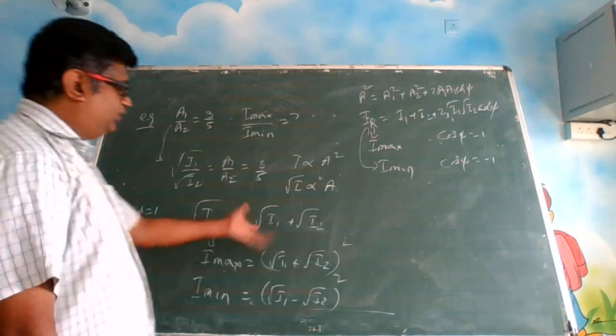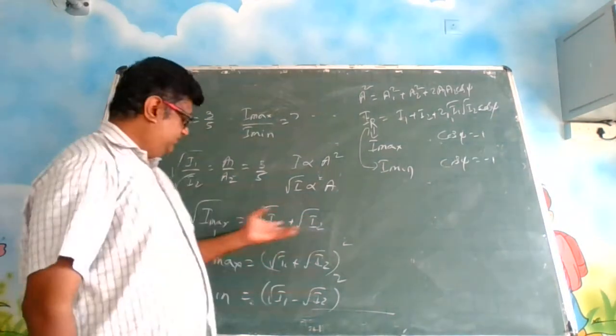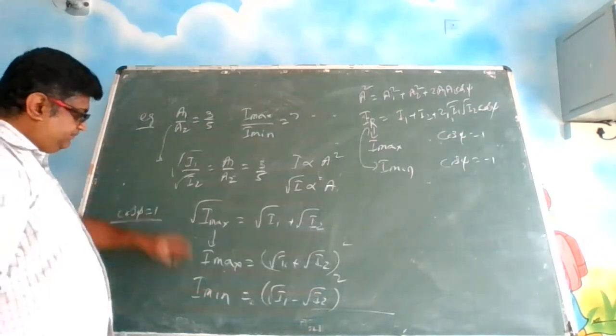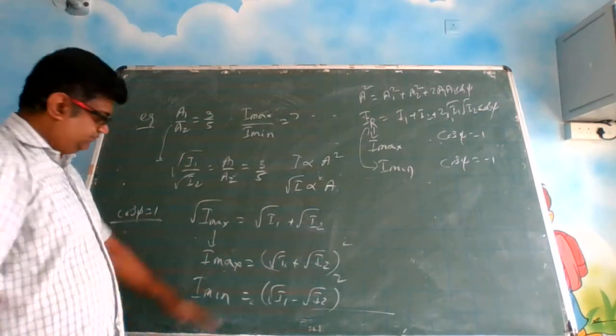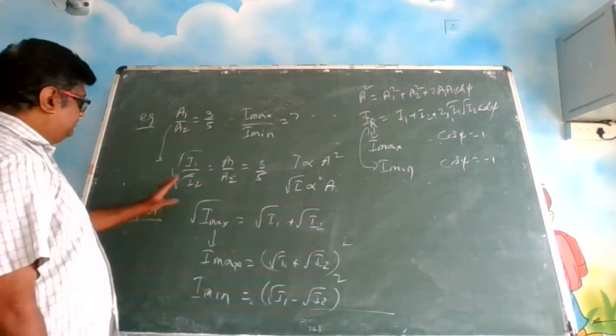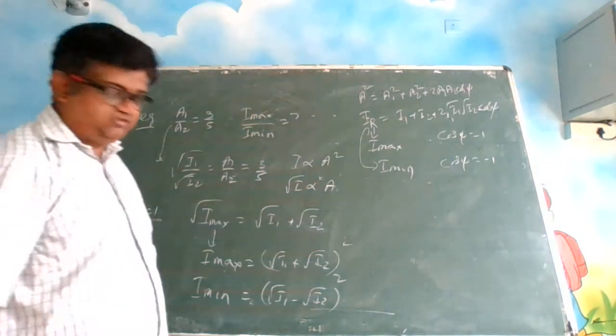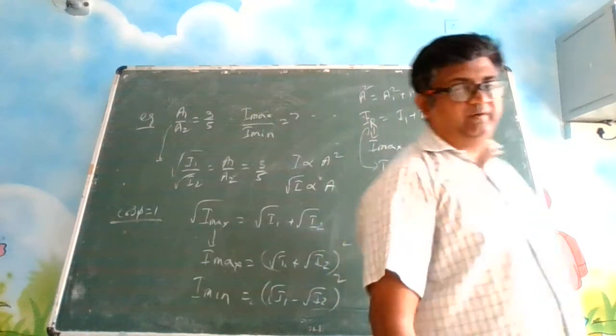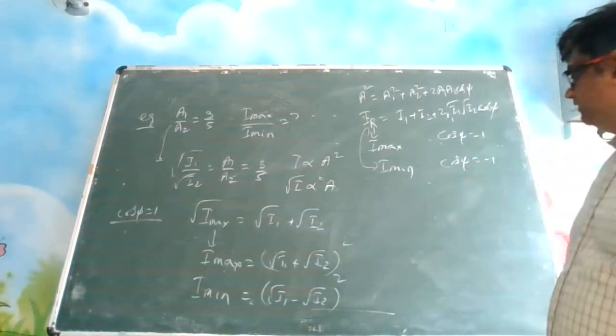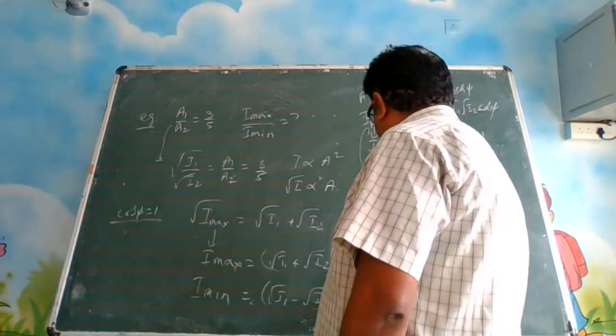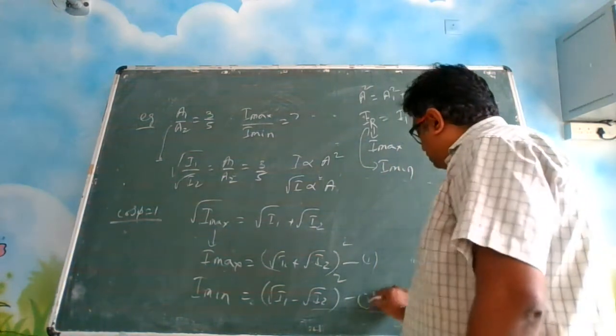Individually I am not bothered what is I1 and what is I2, because the ratio is given, so we will directly take the ratio. Our target is to find this value. We are not here to calculate what is I1 and what is I2. That is not what the question is asking. Depending upon the question, let us proceed. So call this equation 1 and this equation 2.